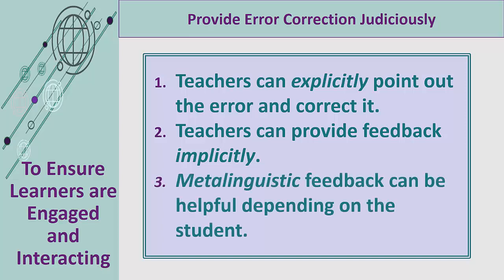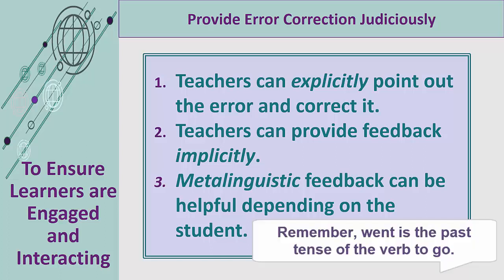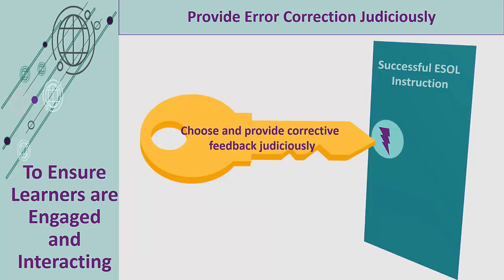And depending on the level, interest, and goals of the students, teachers may also provide metalinguistic feedback by naming the error, to use a grammatical term. "Remember, went is the past tense of the verb to go." The key is to choose and provide corrective feedback judiciously in order to promote learner self-awareness and independence, and to encourage them to practice and use the language, even if it means making mistakes.